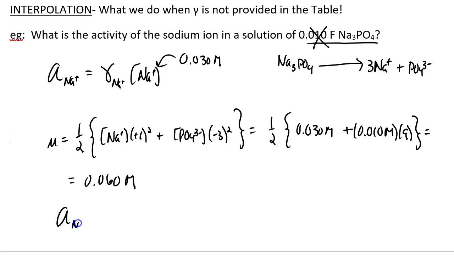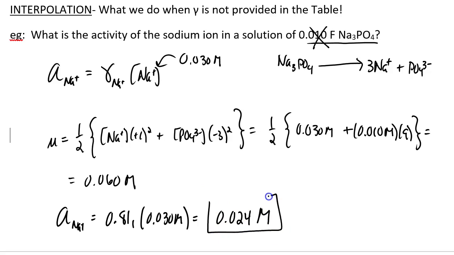The activity coefficient of sodium then is going to be that activity coefficient that we just got by interpolating, 0.81 with an insignificant 1, times the concentration of sodium, 0.030 molar, and I got an activity of 0.024 molar, which is a little bit different from the concentration of sodium.